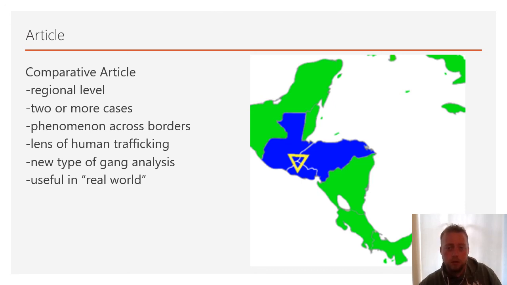It's not a theory-based article. It's a reality-based article. And as I told you in the discussion board, this article has been used by asylum and refugee immigration judges for individuals fleeing these three countries who say that they're fleeing gang violence or they're fleeing persecution.